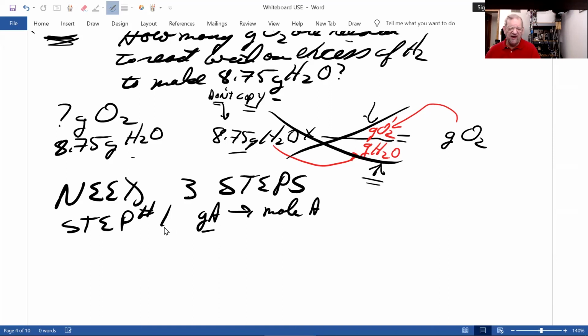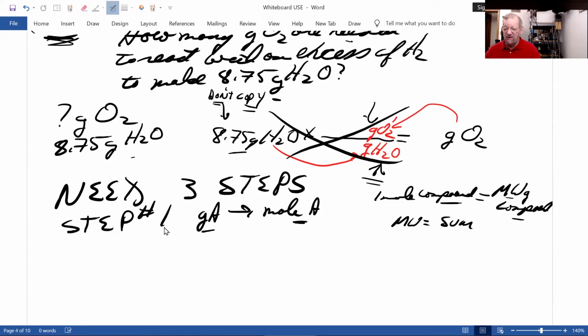Whatever I'm given in grams, I'm going to convert to moles. How do we know that? 1 mole of a compound, this will be given to you, but we already practiced this, and we'll be doing it again on Thursday with problem set for chapter 6. 1 mole of a compound equals its molecular weight in grams, and the molecular weight equals the sum of all atomic weights.